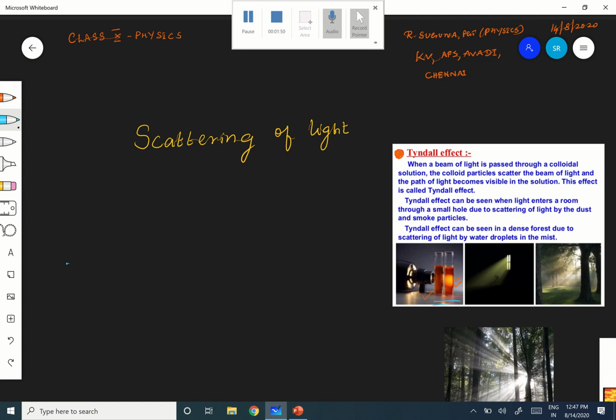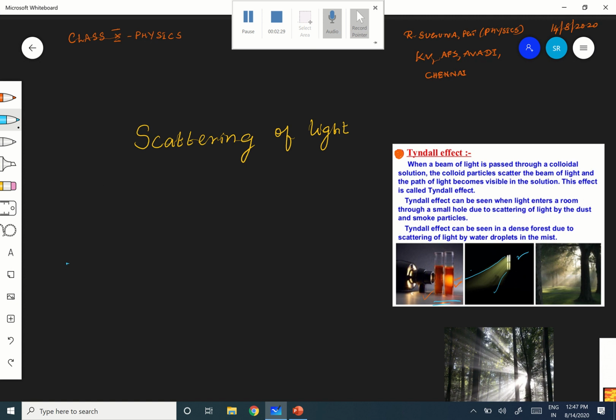Now, you can see Tyndall effect examples. The Tyndall effect can be seen when light enters a room through a small hole or a small window, due to scattering of light by the dust and smoke particles. The light is coming in, and here you see it spreads nicely. It is only because of scattering of light due to the dust particles or smoke in the room.